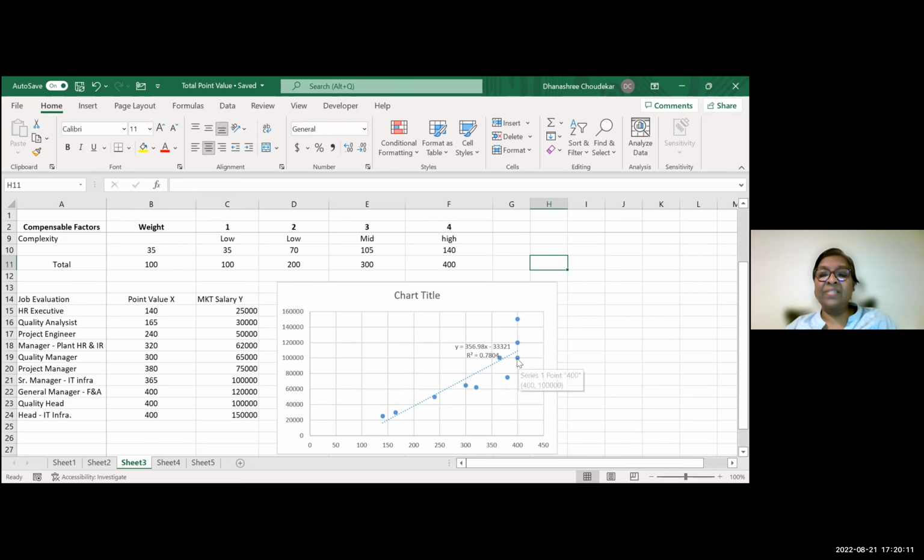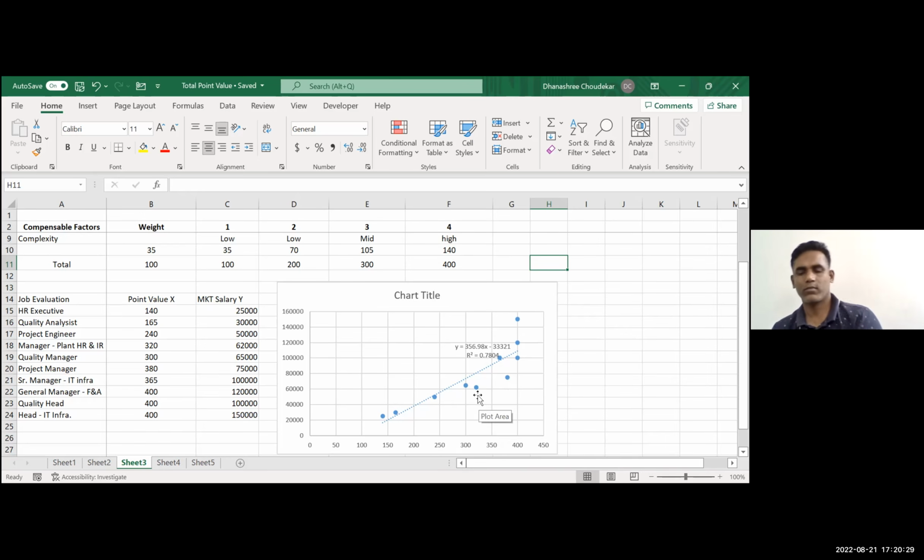So there is still some variance. If I want to get a better fit of 85 to 90%, I will go back to the drawing board and look for these positions and their market data once again and see if I'm mismatched. Are you with me? Yeah, got it.